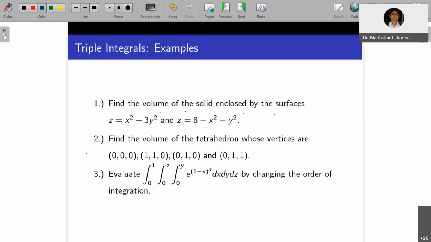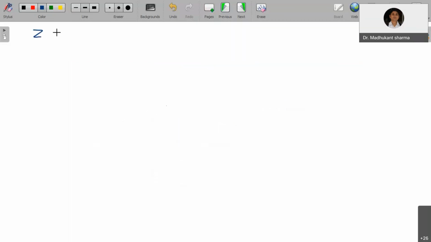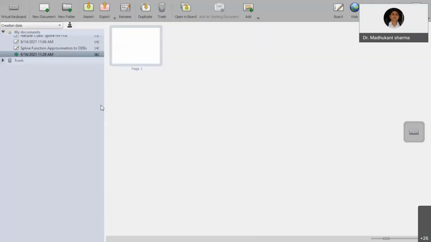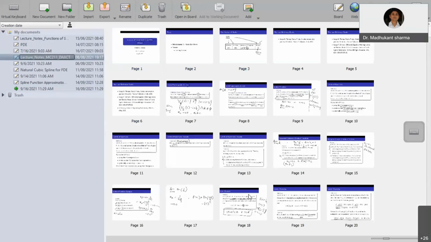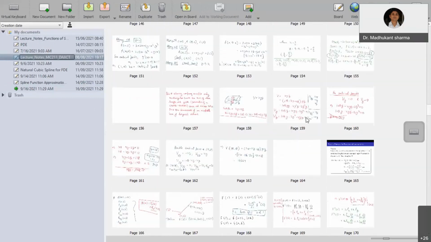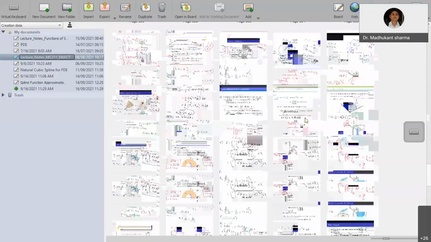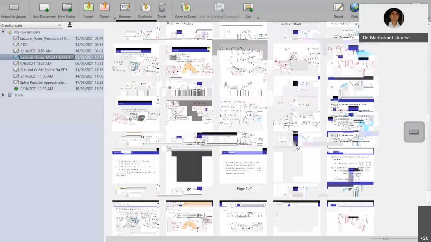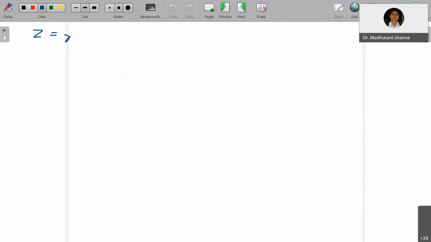So find the solid enclosed by the following surfaces: z equals x square plus 3y square, and another is z equals 8 minus x square minus y square.